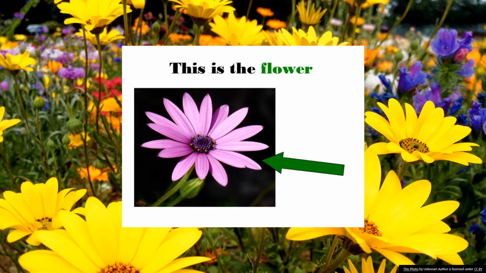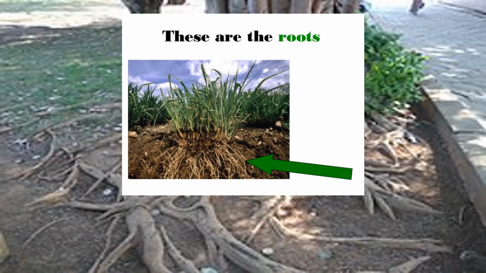This is the flower. And as you can see, the flowers have got beautiful petals on them. Those are the colored parts of the flower, all around the middle. These are roots.